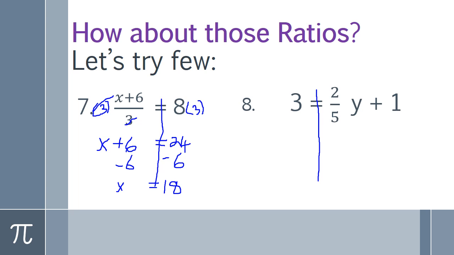And to get rid of 1, I need to do the opposite, which is subtract 1 from the right side and subtract 1 from the left side. I'm going to end up with 3 minus 2, 1 equals what I have left here, which is 2 over 5y.